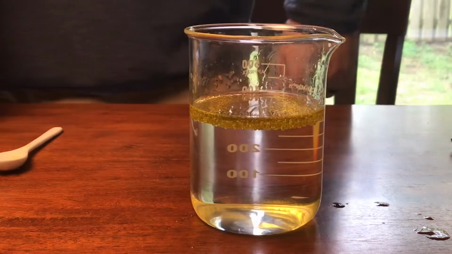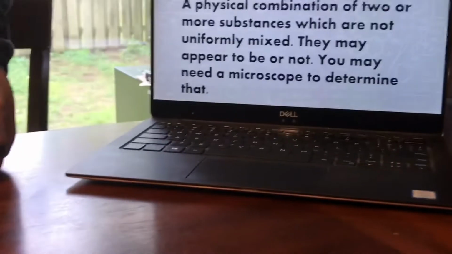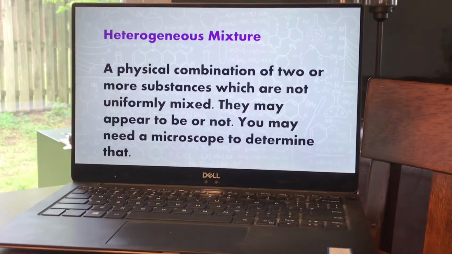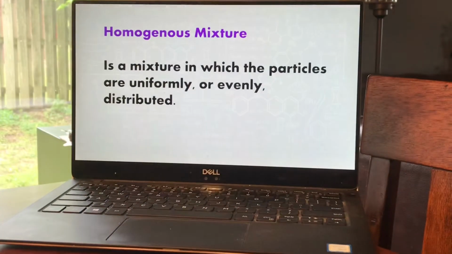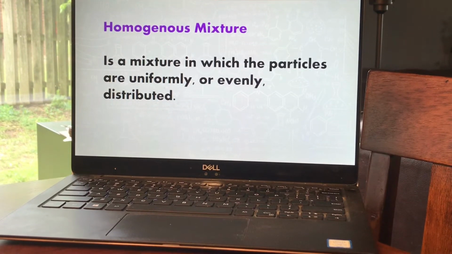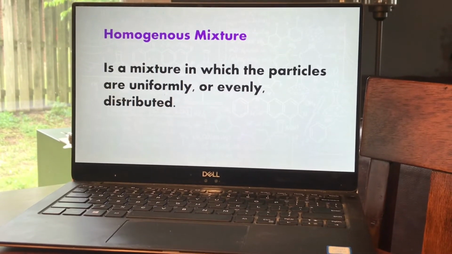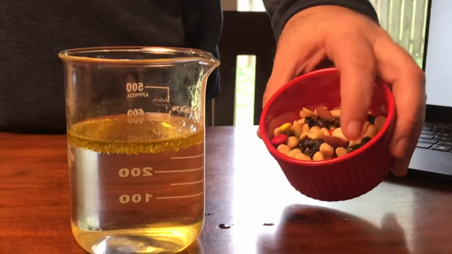What kind of mixture? Does it fit heterogeneous mixture? Or does it fit homogeneous mixture? Well, it's pretty evident that this right here is a heterogeneous mixture because all the things are separated.